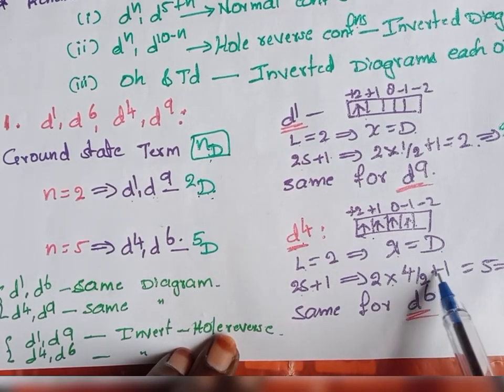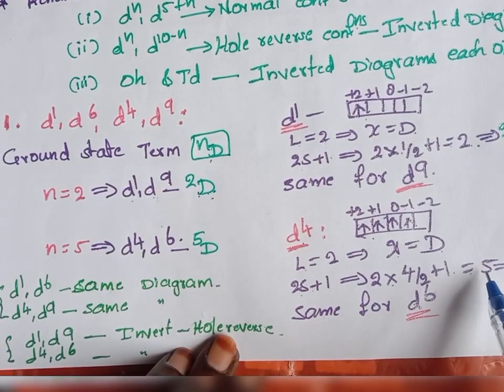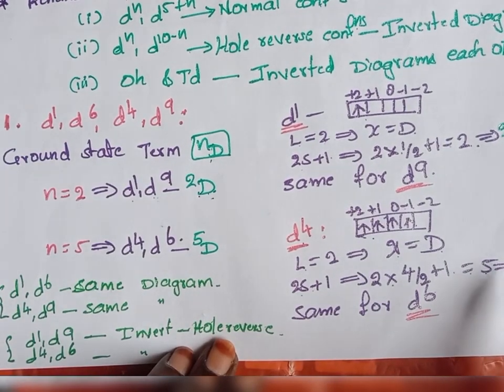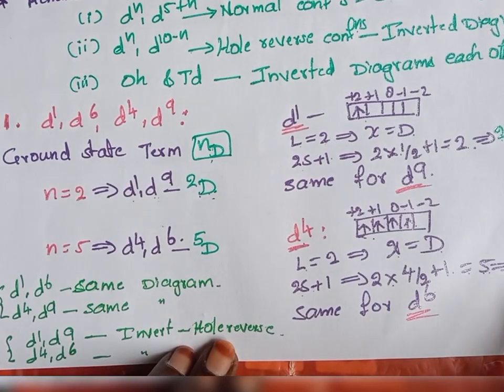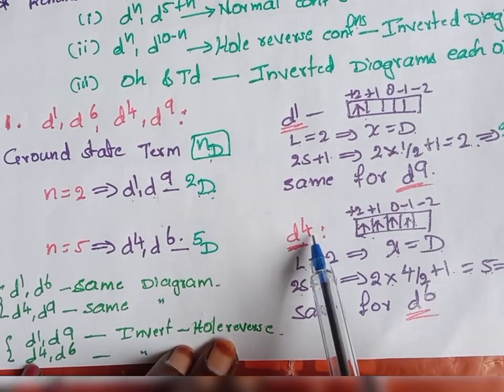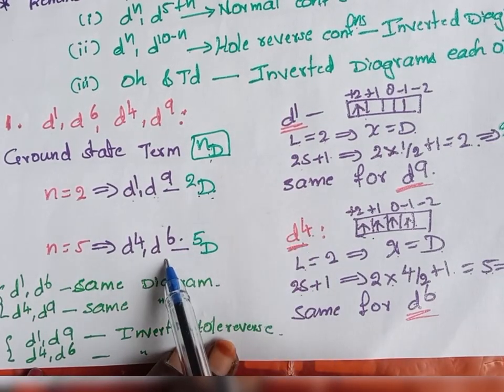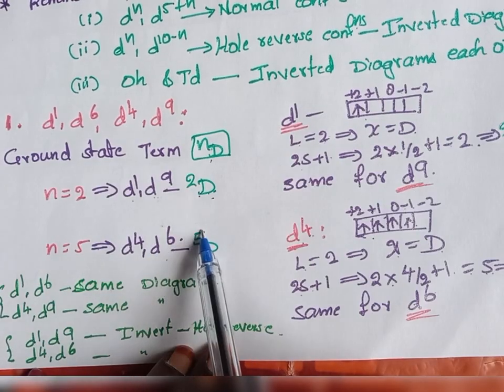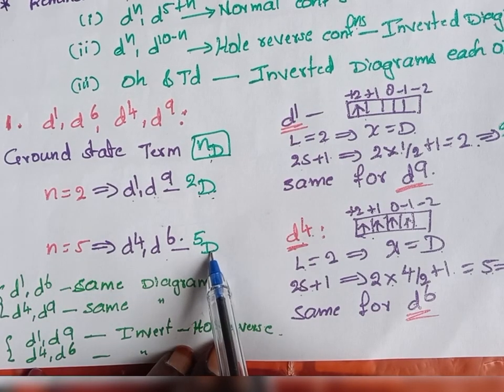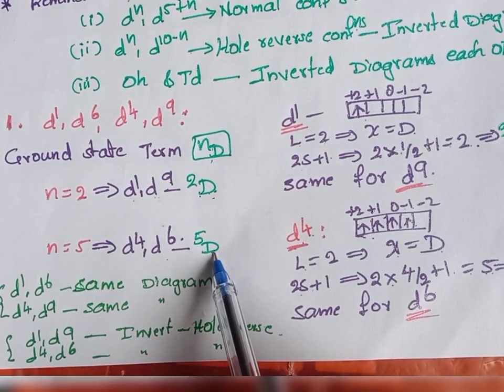So 4 by 2 plus 1, therefore the value is 5, that is, the spin multiplicity is 5. So the term symbol is 5D. D4's whole reverse configuration is d6, right? So d4 and d6 will have the same type of term symbol, 5D.